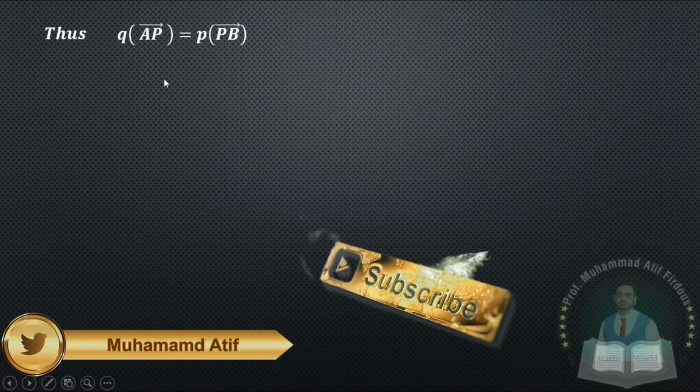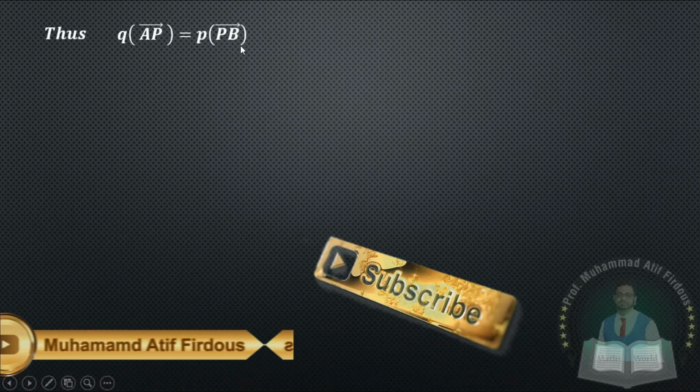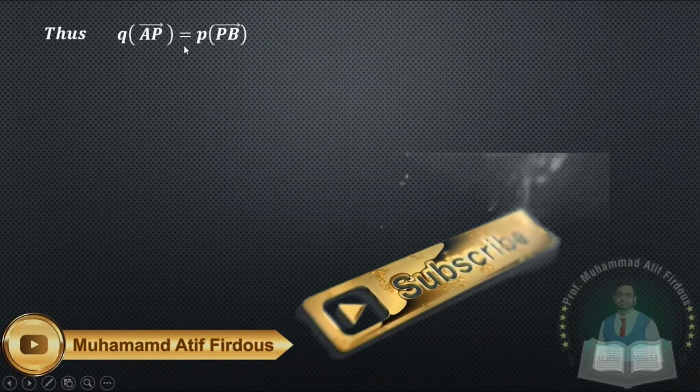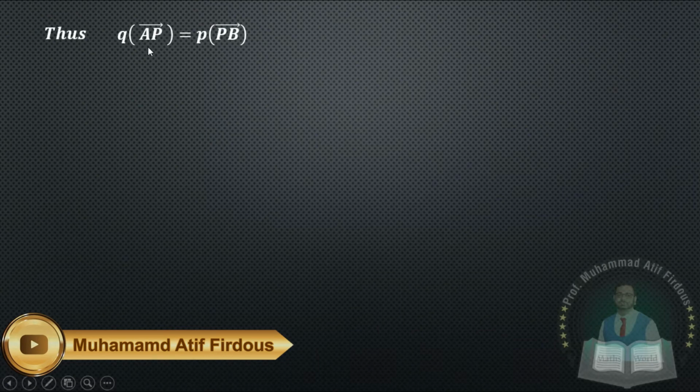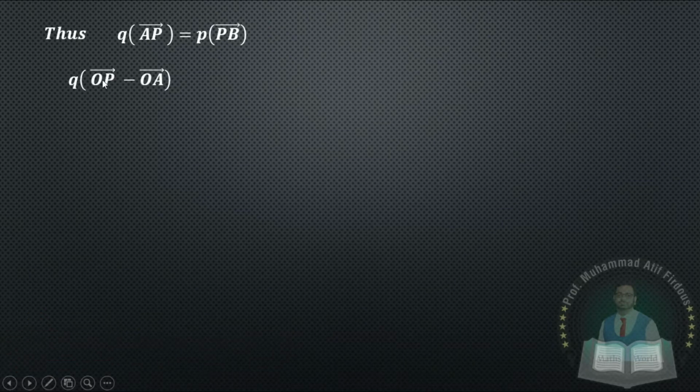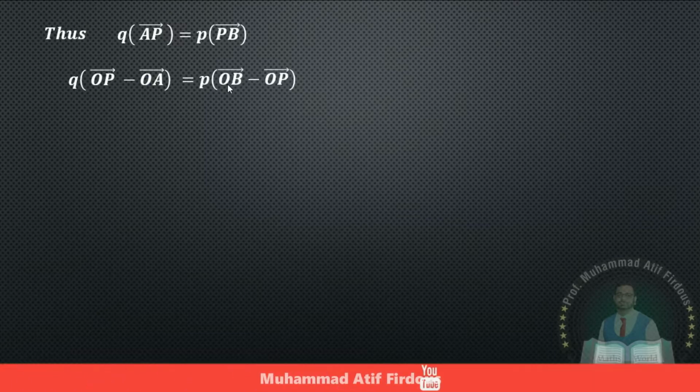We have q AP is equal to p into vector PB. Now by using the definition, what will be the value of AP? AP must be equal to OP minus OA by using definition, and PB is equal to OB minus OP. Any problem by using definition?